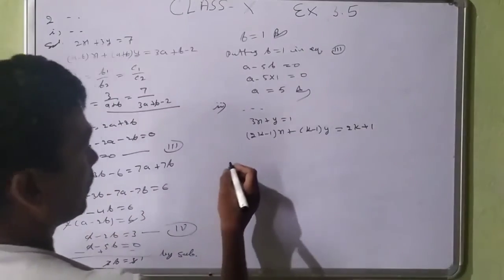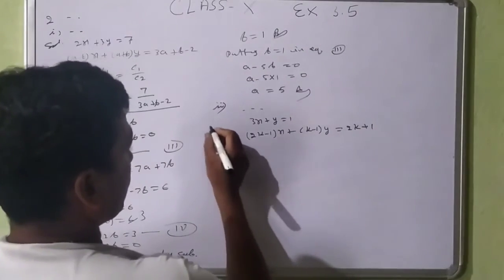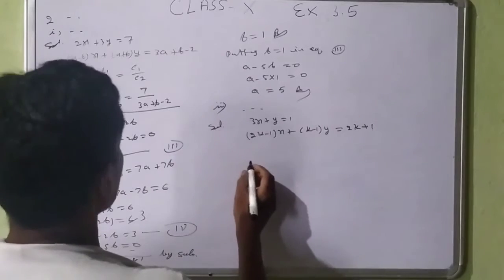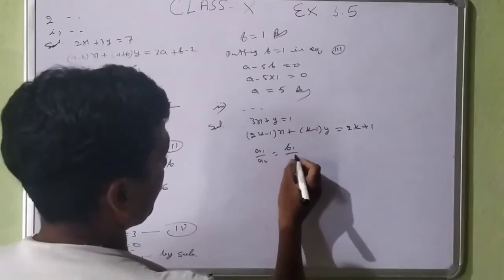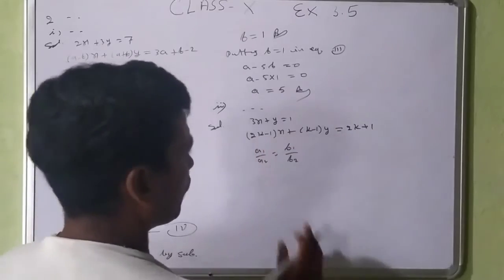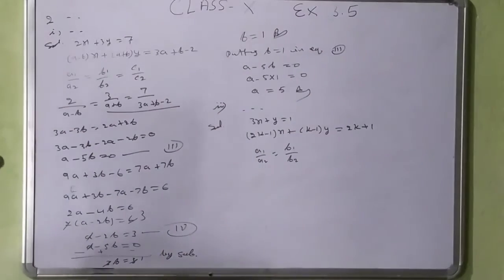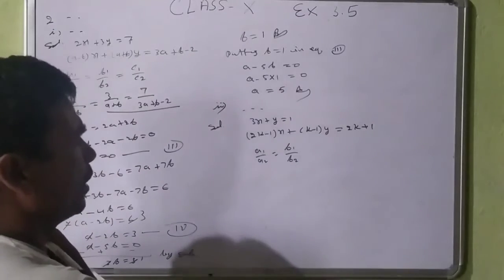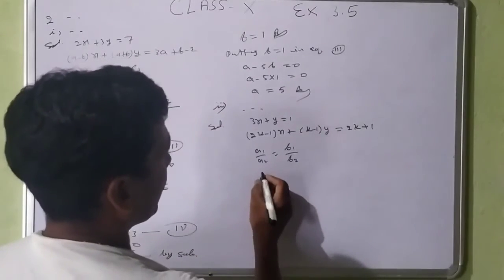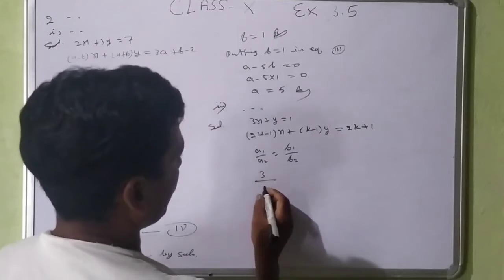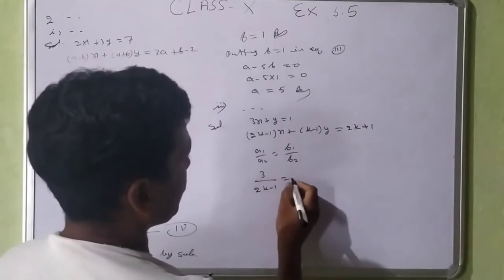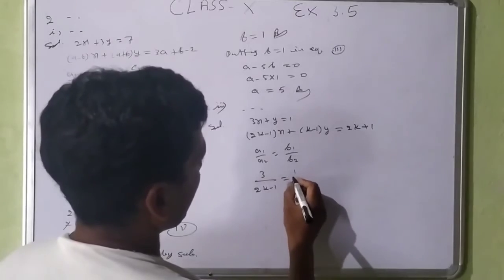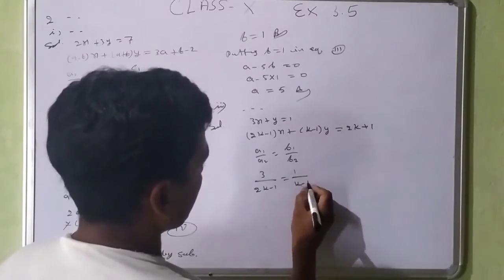So we know that for no solution, a1 upon a2 is equal to b1 upon b2, because only one k is there, so no need to write c1 upon c2. Now a1 is 3 upon a2 is 2k minus 1, is equal to b1 is 1 upon k minus 1.